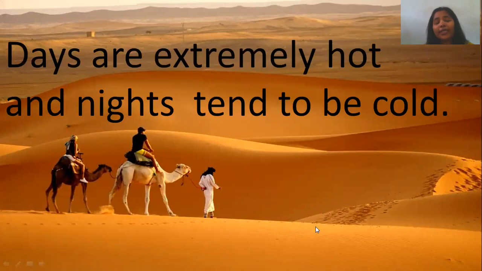You know students, in deserts, days are extremely hot and nights tend to be very cold. Now the question is, why does this happen? Because of the special property of sand. You know what happens during daytime? The sand absorbs a large amount of heat from the sun, and during night it loses its heat rapidly, right?